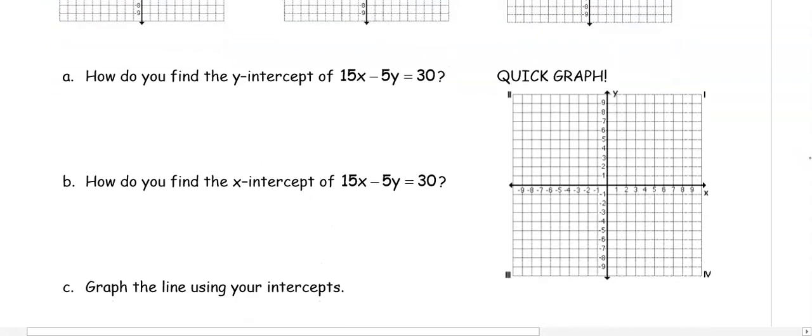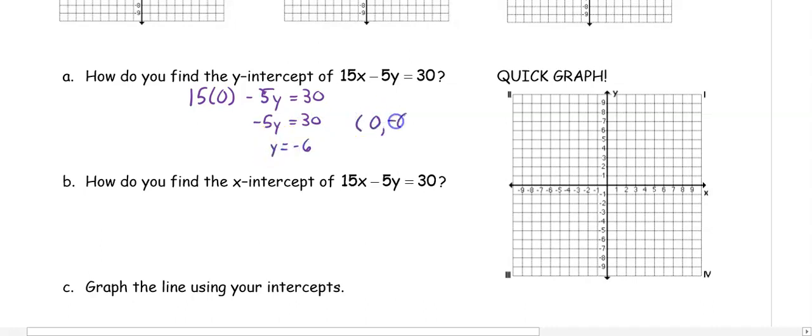Now, what happens if we are given an equation like 15x minus 5y equals 30? If I want to quickly graph this, instead of solving for y, what I can do is find my intercepts. When I find my y-intercept, I put 0 in for x, which leaves me with negative 5y equals 30, so y is negative 6.